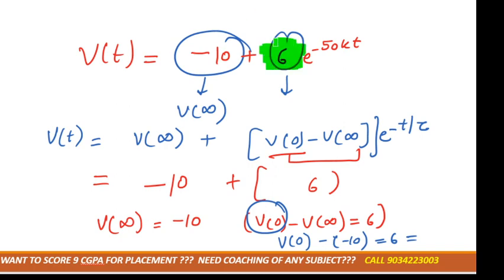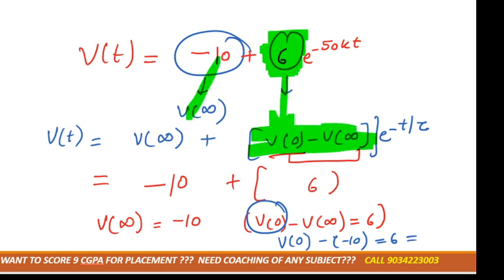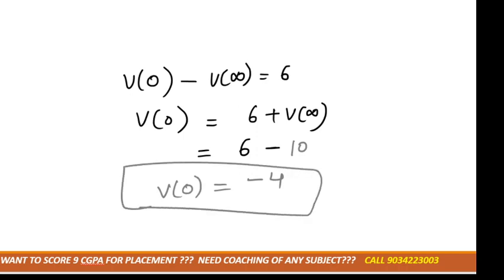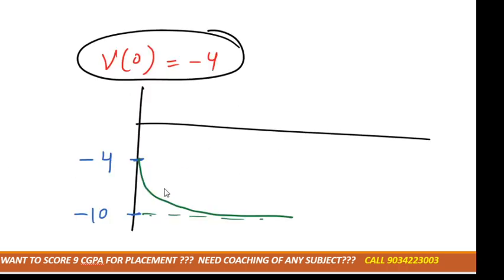See, we can compare it with this. V infinity is this one, so V infinity is minus 10. We got V of 0 as minus 4. Why have we calculated all this? Because they also said to draw the graph. For the graph only we have done it. Okay, understood?